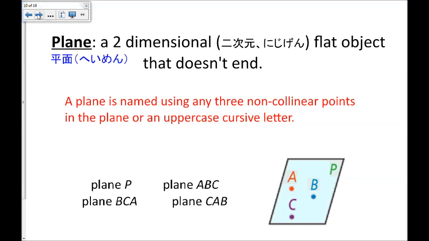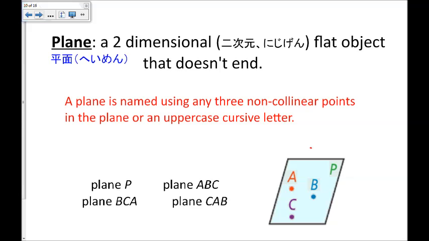Next, a plane. A plane is a two-dimensional flat object that doesn't end. A plane is named using any three non-colinear points in the plane or an uppercase cursive letter.